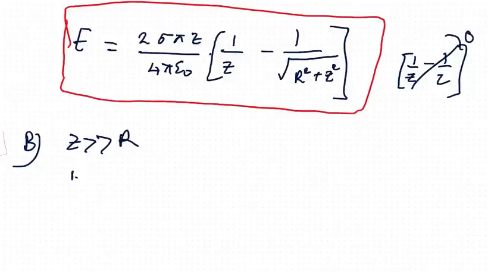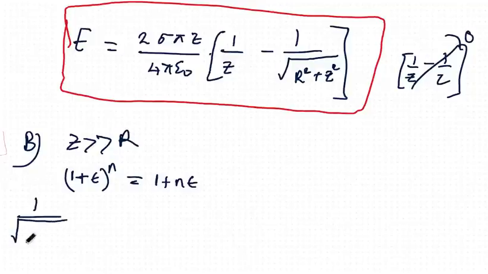(1 plus x) to the power n is approximately 1 plus nx. Rewriting this expression so that it looks like this, I can say 1 divided by the square root of z squared plus r squared is equal to 1 divided by z.